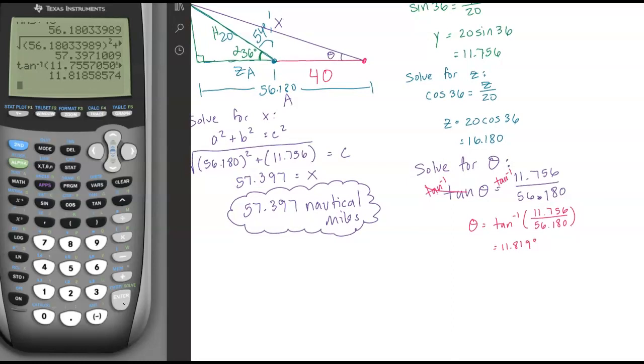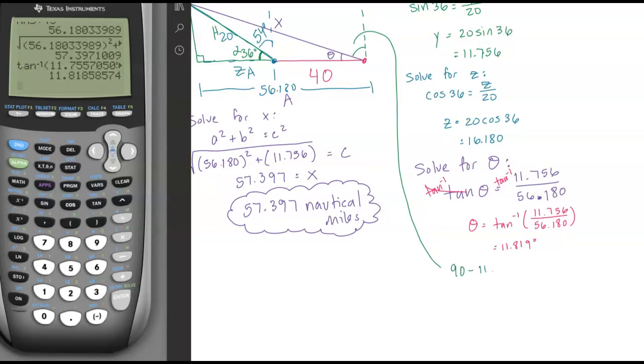However, it wants this written as a bearing. Now this part is a little tricky because right now that bearing, that angle, is not from a north or south line. It is closer to the north line. So I am going to draw a little north line. And what I actually have to do is subtract the angle I found from 90 to get this in bearing form.